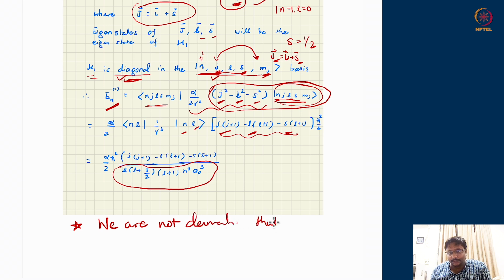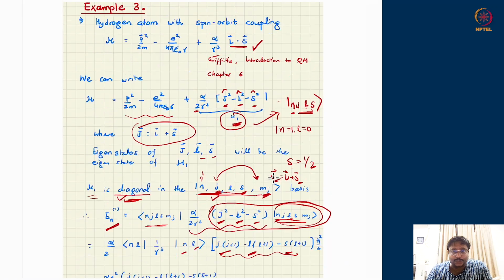we are not demanding that H1 becomes completely diagonal. We are not saying that it should be diagonal completely. If it is, good and well, but if it is not, I'm not saying that we should diagonalize it completely. I'm saying we should diagonalize it in the degenerate subspace only.